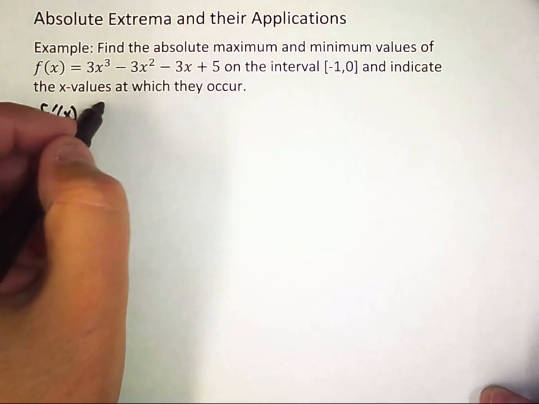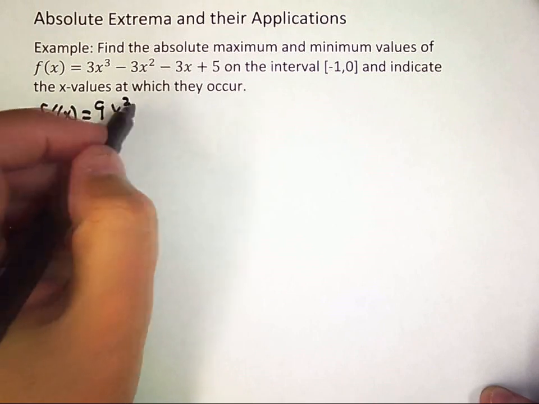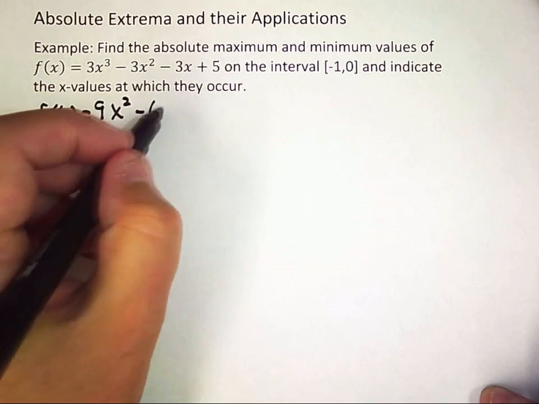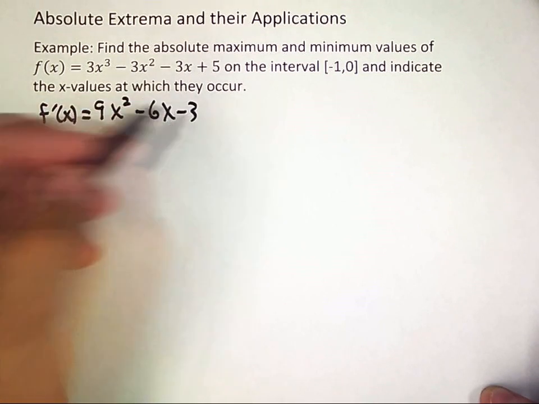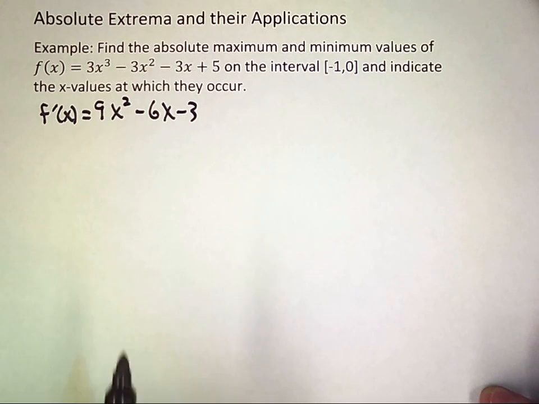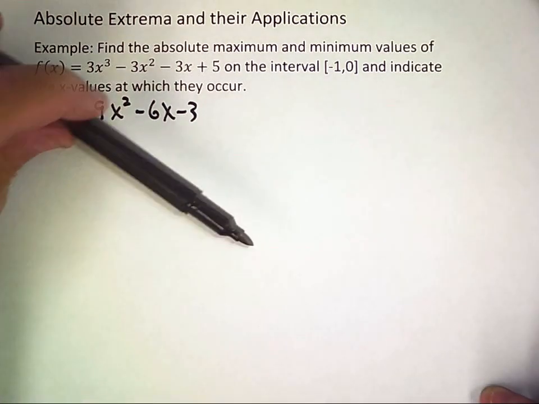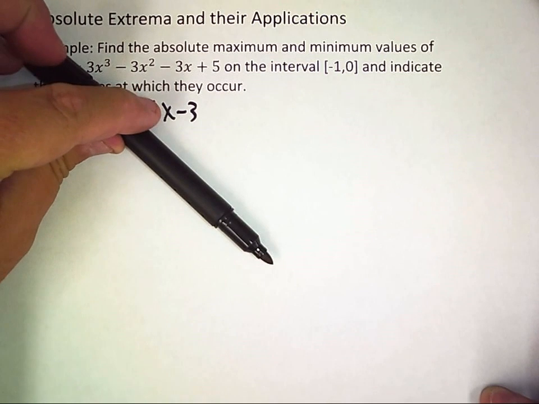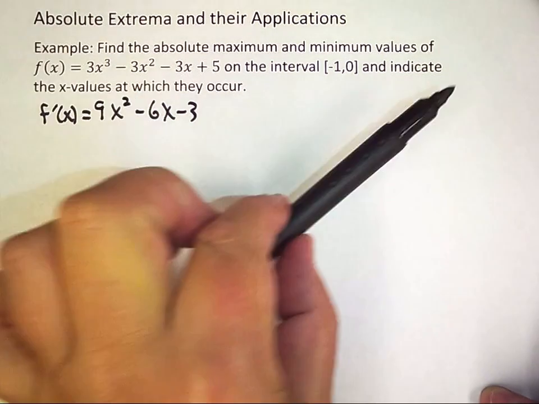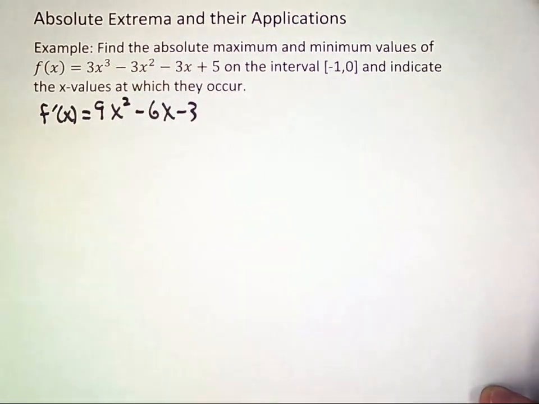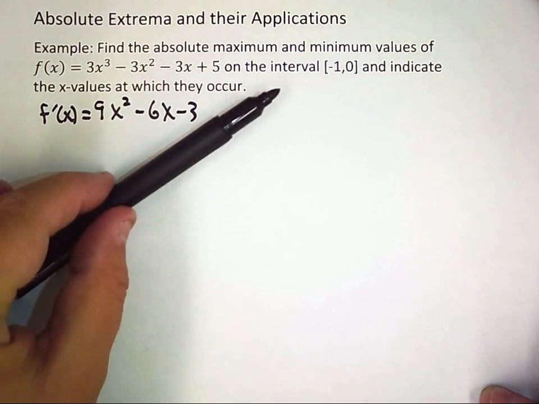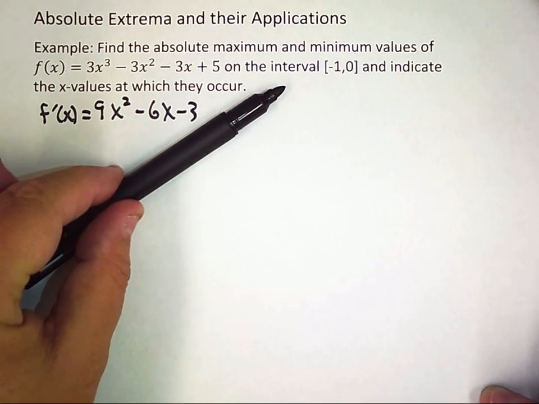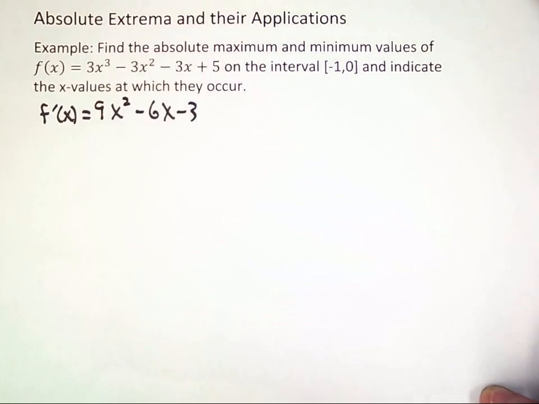So 3 times 3 is 9, x squared minus 2 times 3 is 6x minus 3 is the derivative. Why do I need the derivative? Because the derivative tells me the slope of the tangent line. If the slope is negative on one side of a critical value and positive on the other, that tells me I have a relative minimum. If it's positive on the left and negative on the right, it tells me I have a relative maximum.